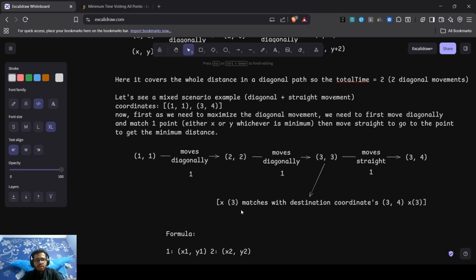Now, 3 comma 3 is in the form of x comma y.